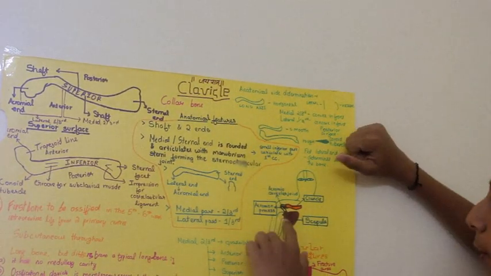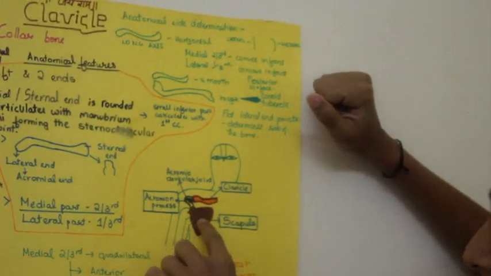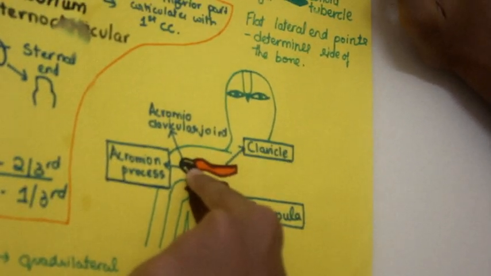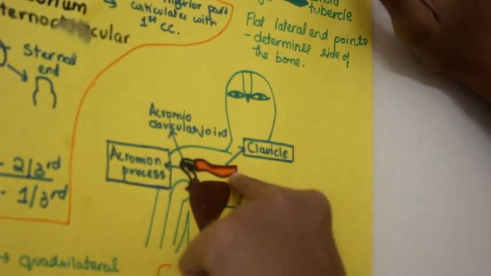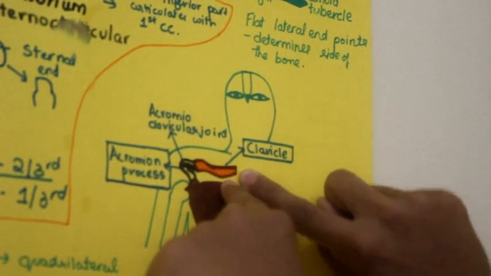So this is basically how it looks in our body. Here you can see the humerus connection to the scapula. And here you can see the scapula connecting through the acromion process, which forms the acromioclavicular joint with the clavicle. I forgot to show you the sternum here in connection with this. The sternum connects to the clavicle here.